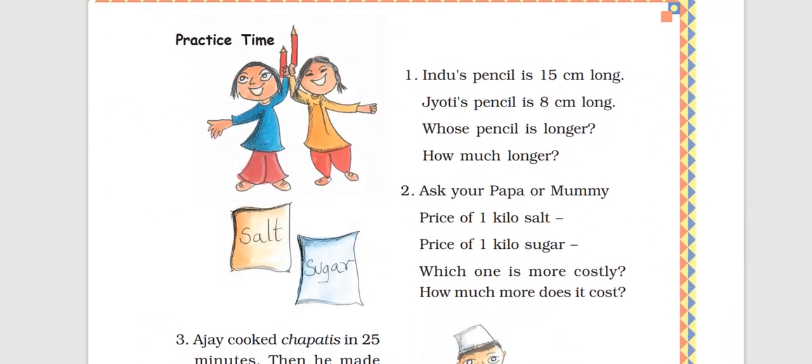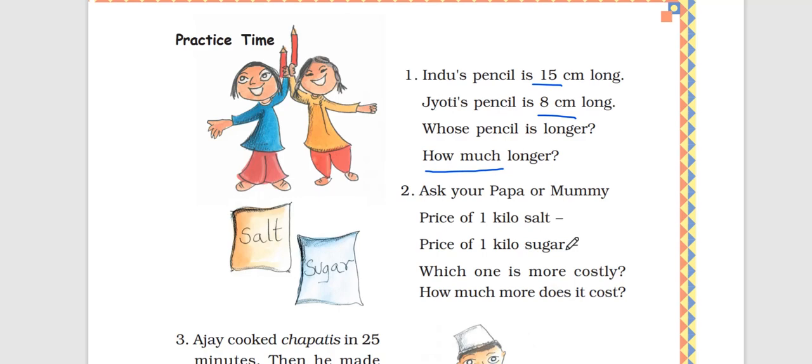Practice time. Indu's pencil is 15 centimeters long. Jyoti's pencil is 8 centimeters long. Whose pencil is longer? And how much longer? We have our keyword, how much. Again, we discussed keywords to identify the operation, addition or subtraction, in the part 1 video, and please go to that video from the description below.